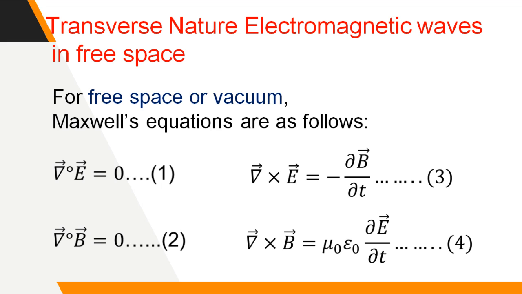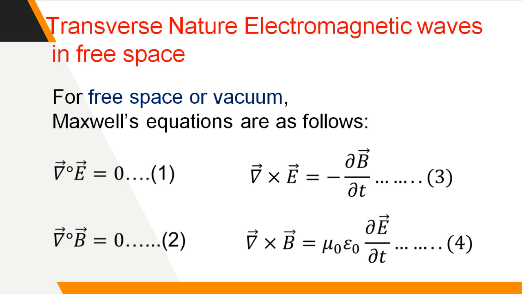So we wanted to confirm whether the electromagnetic wave is longitudinal in nature or transverse in nature. That is what we are discussing in today's discussion. It is purely a mathematical analysis. In that analysis we come across some conclusions, especially that when the differentiation of something is zero, that something is constant.